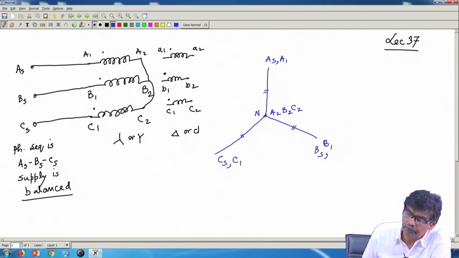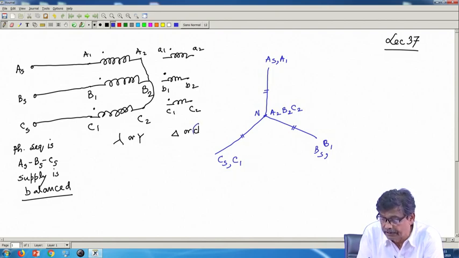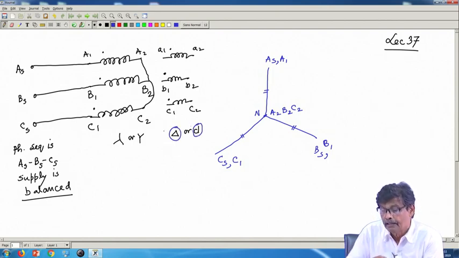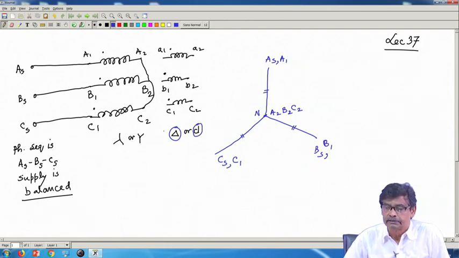Now, suppose the secondary side I would like to connect in delta, and there are two possible delta connections.